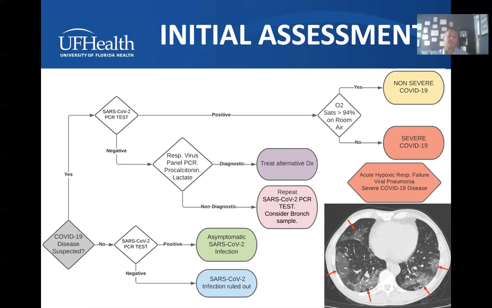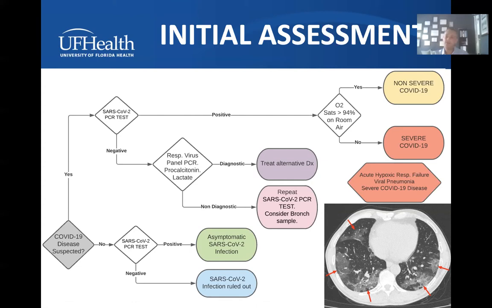If COVID-19 disease is suspected, but PCR is negative, remember it has a sensitivity of around 60 to 80%, then a search for an alternative diagnosis is a reasonable idea, with a PCR for other respiratory viruses, procalcitonin, and lactic acid.